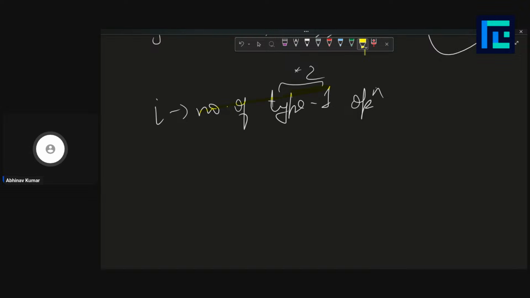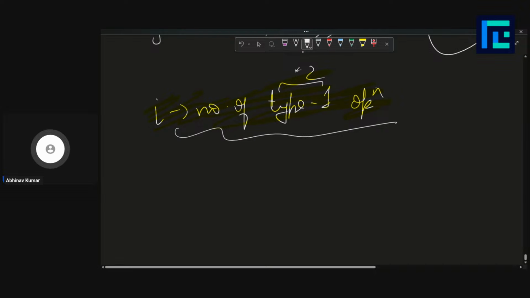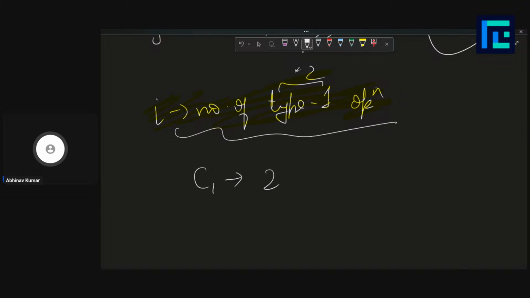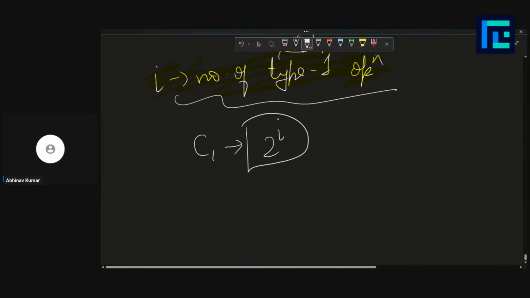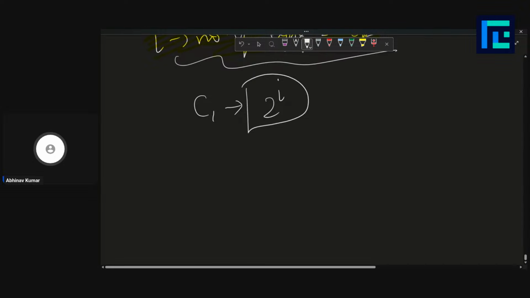We have fixed this as I. Once we have fixed this, let's try to minimize the number of plus d operations. So now my value of C1 is 2 to the power I. What we want to achieve is n equal to C1 plus C2 times d. So this can be replaced by 2 to the power I.